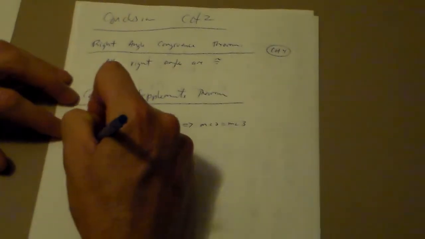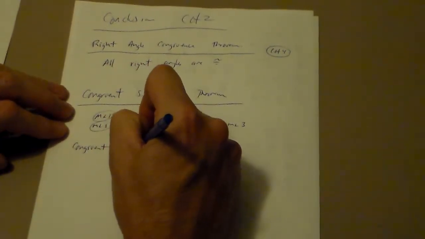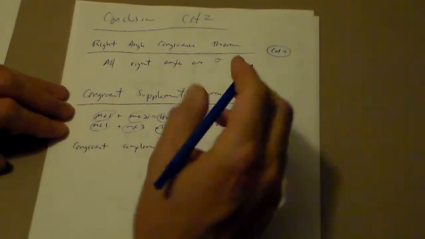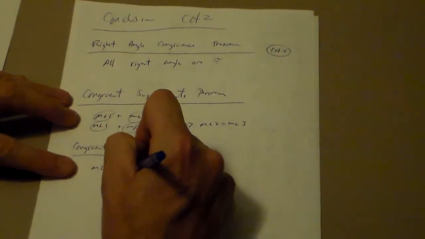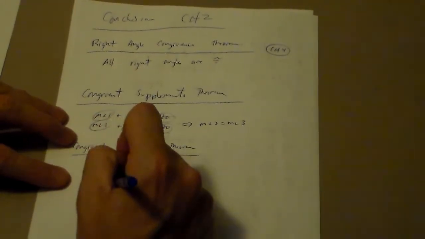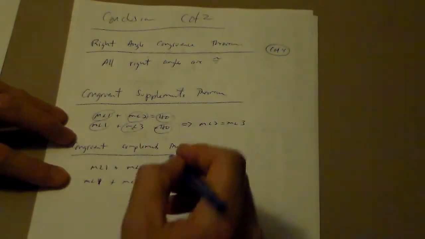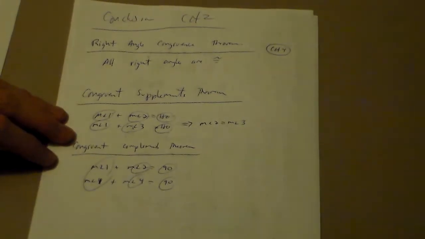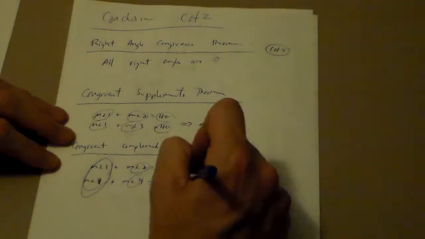And then there's another one that says congruent complements theorem. And kind of like that, if I said measure of angle 1 plus the measure of angle 2 equals 90, and if I said the measure of angle 1 plus the measure of angle 4 equals 90, well, if these are equal and these are equal, it makes sense that these 2 are equal.